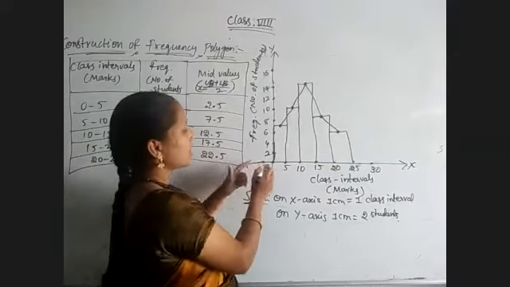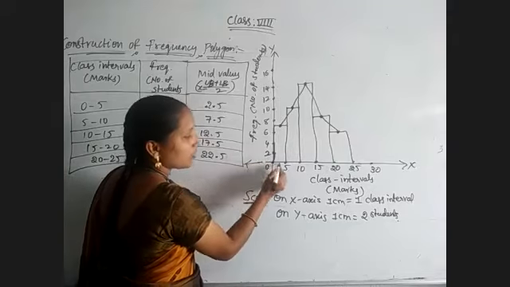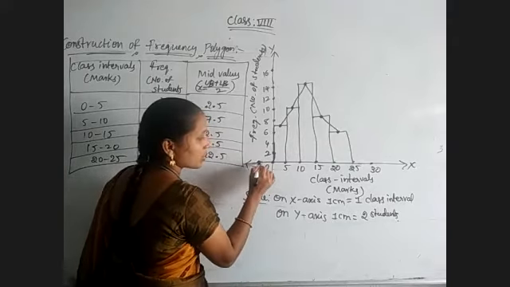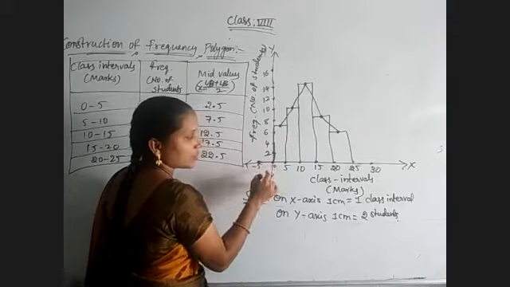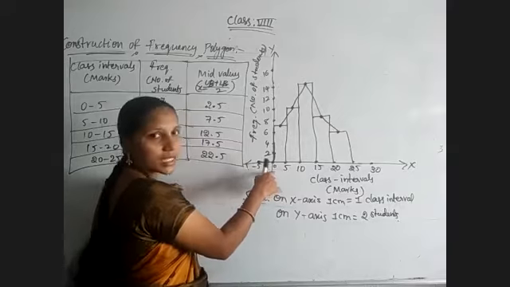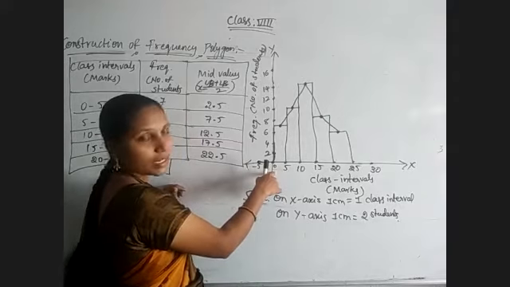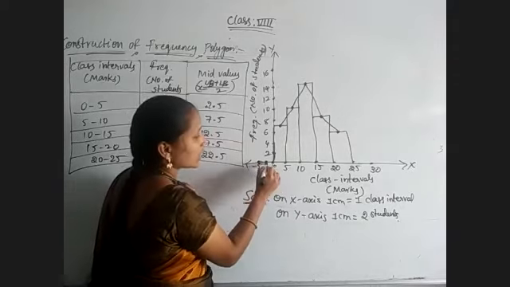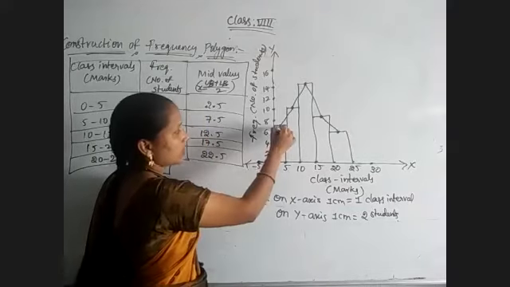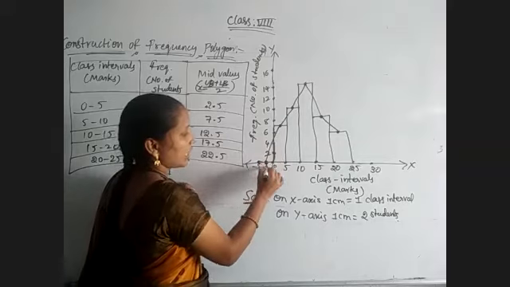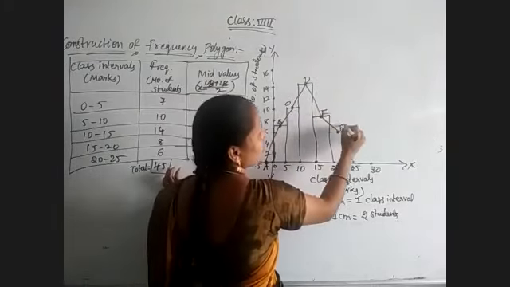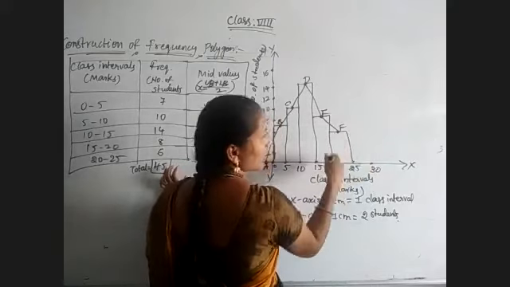Here, before 0 to 5 we get minus 5 to 0, because each class length is 5. Its mid value is minus 2.5. This one also we need to join here: A, B, C, D, E, F.